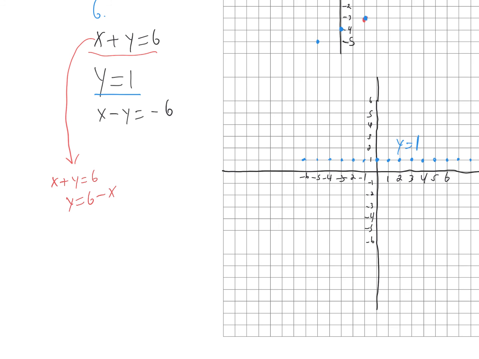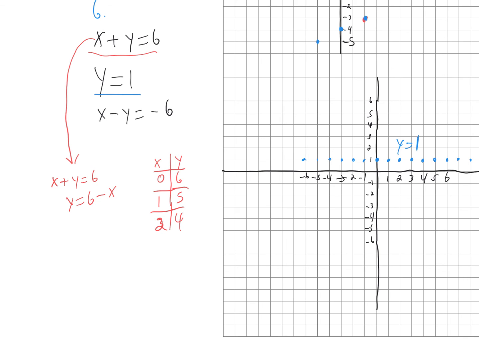So if I have a table of values, x and y, and let's say x is going to be equal to 0, x is going to be equal to 1, x is going to be equal to 2. Oh, this should have been a 2, not a 3. If I replace x with 0, 6 take away 0 is just 6. 6 take away 1 is 5. 6 take away 2 is 4.